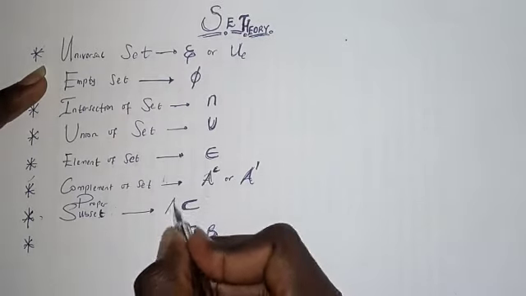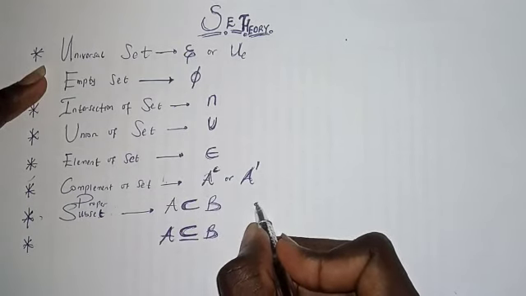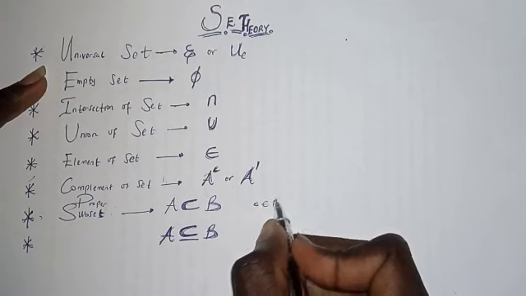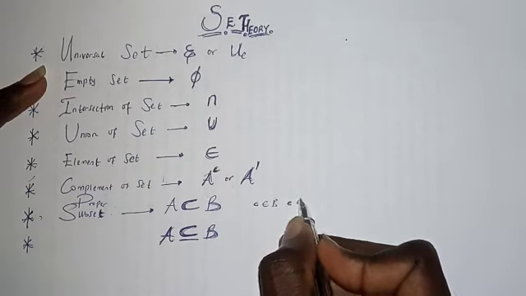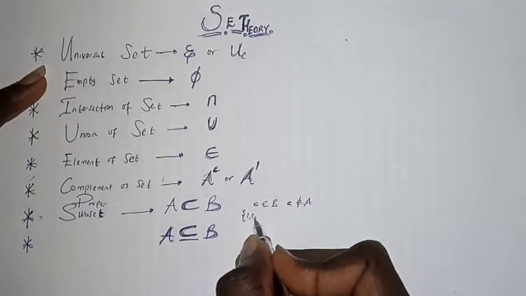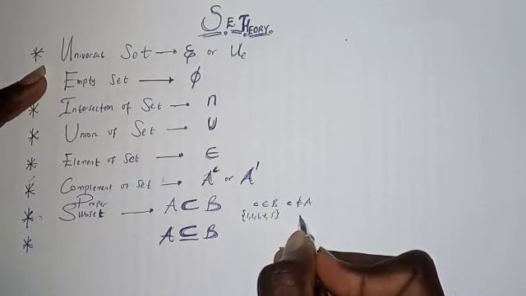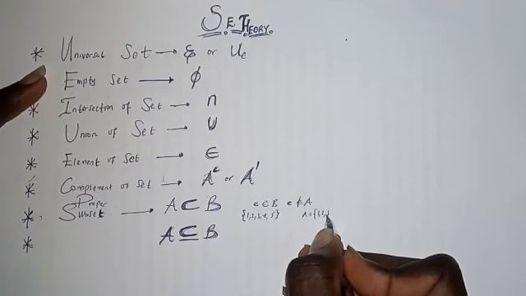Okay, but if you have A is a proper subset of B, that means there exists an element C which is a member of B, such that that element C I just picked is not a member of A. So what I'm trying to tell you is that suppose we have element B as, let's say, 1, 2, 3, 4, 5, and element A, let's say we have it as 1, 2, 3, 4.